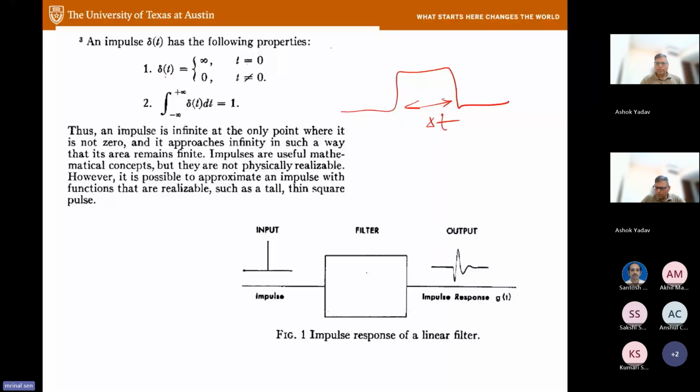So if you have a filter here, and if you run a pulse as an input, this output will be called impulse response. So you can think of this as if there was this impulse response as an input, and you run it through another filter, which is your earth, and that gives you your normal incidence seismic trace.